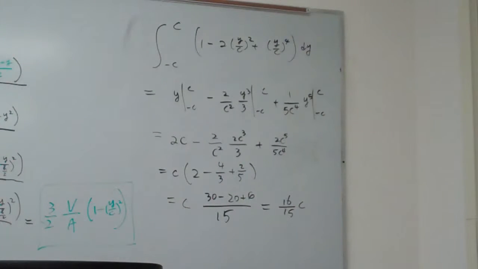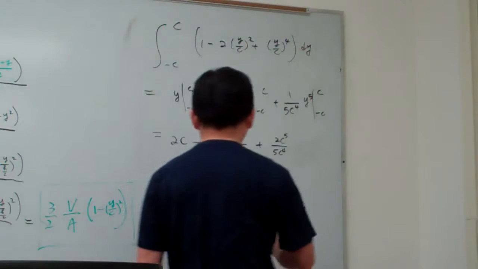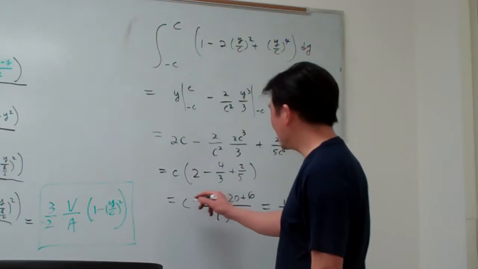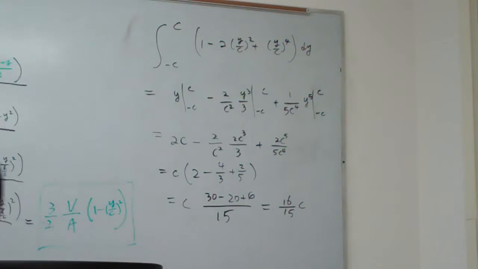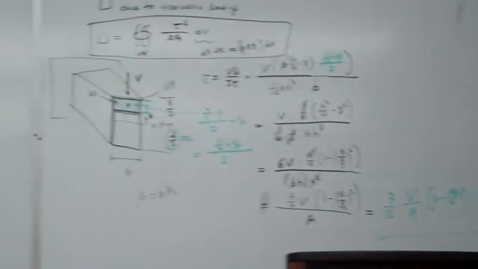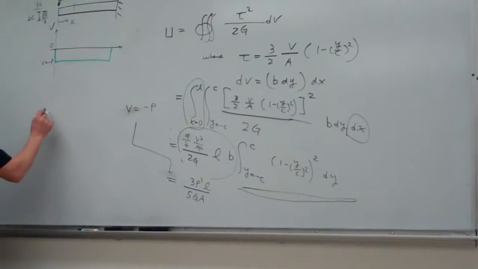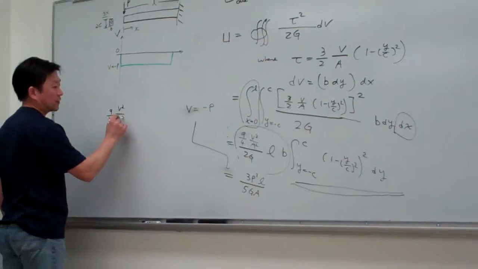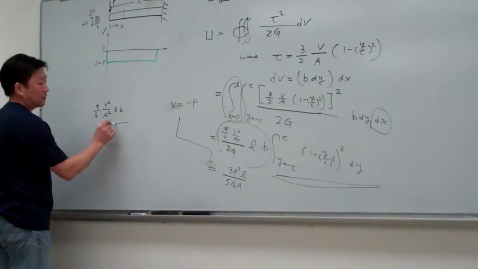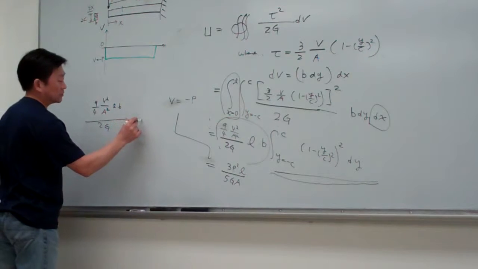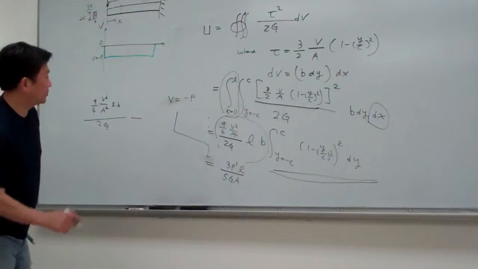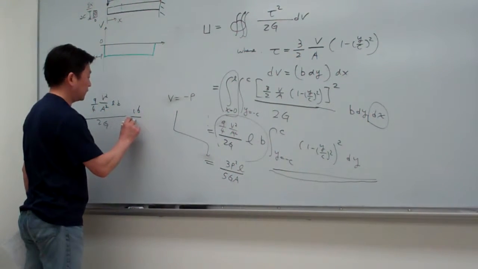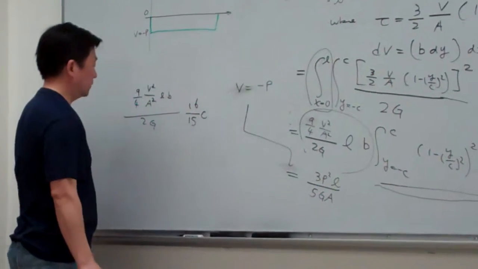Is that right? Yeah. Okay, help me debug my calculation. So that one becomes plugged into here: 9/4 V squared over A squared times L over 2G times 16c over 15.